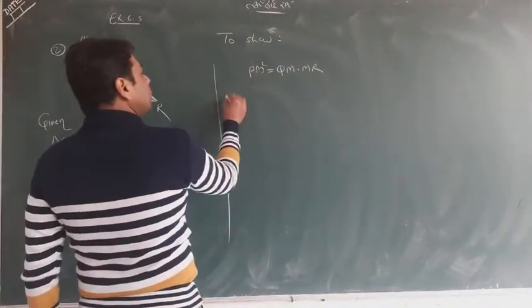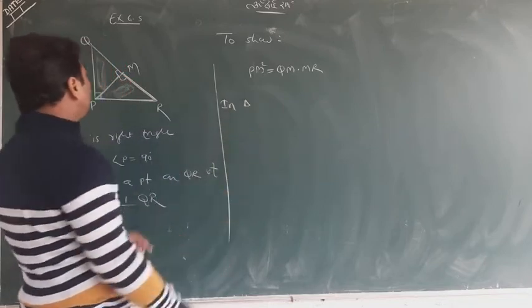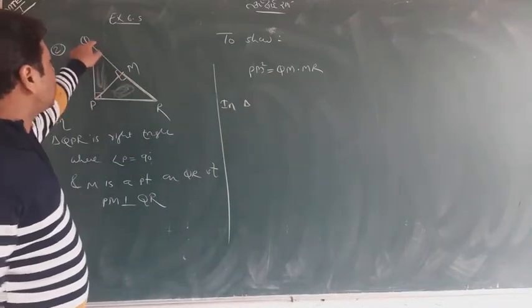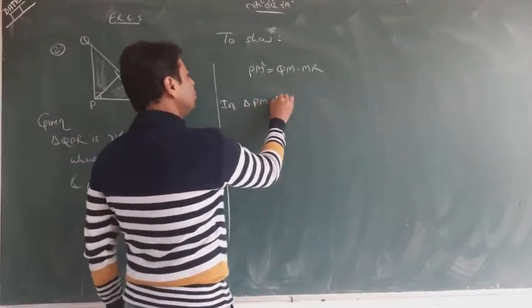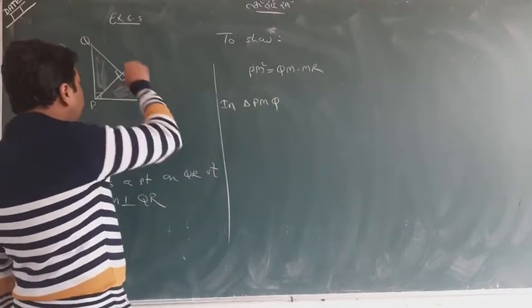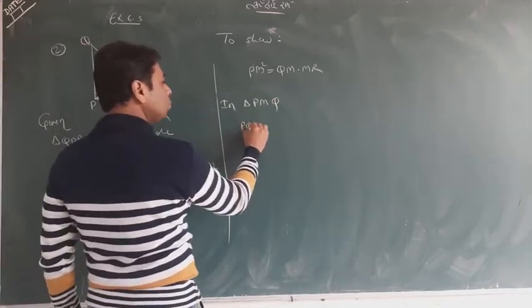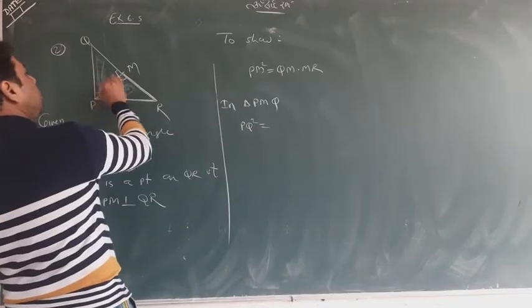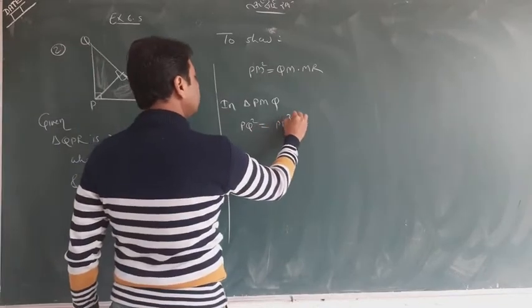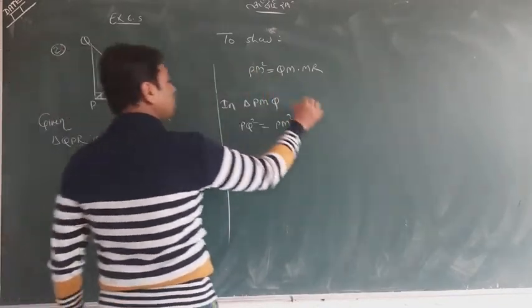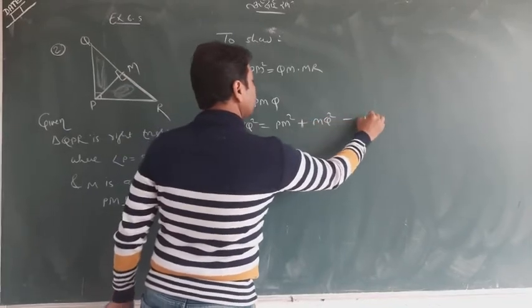To show this one, first of all, I go on a small triangle PMQ, where PQ square equal to, by PGT, PM square plus MQ square. Equation 1.